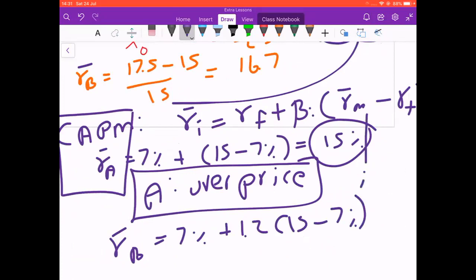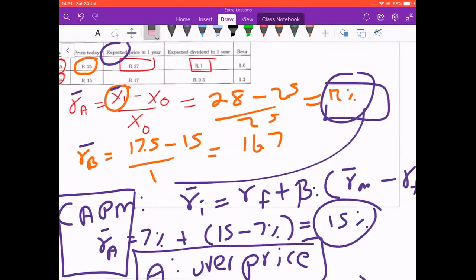Can I please quickly ask something about the X1 value in the rate of return? When you work out the rate of return for asset A and B, for the X1 value where we had 28 for A and 17.5 for B, there could be other additions to the X1 value besides a dividend.